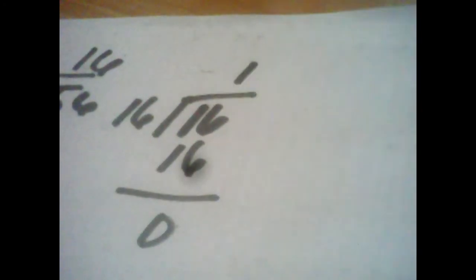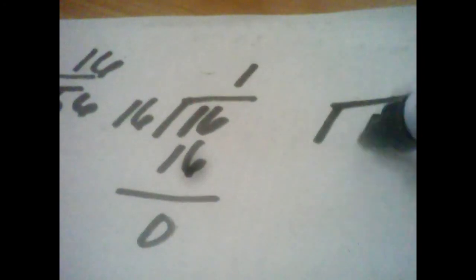So this time we will divide 1 with 16. So 1 will be divided by 16, so we put 0 and then 0, and we have the remainder which is 1. 1 is our most significant bit. Again, we are going to read it in a reverse manner.